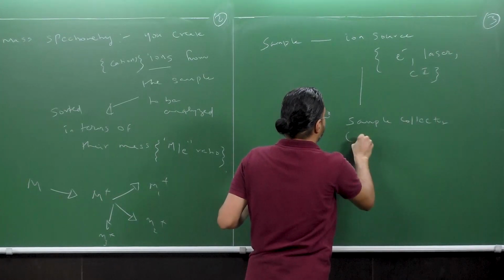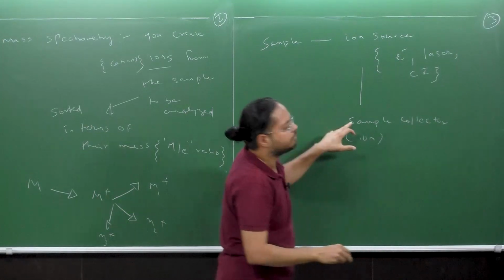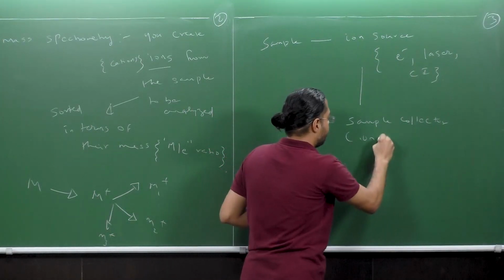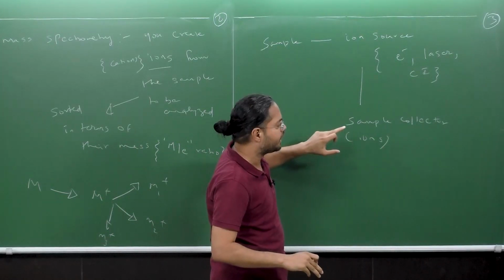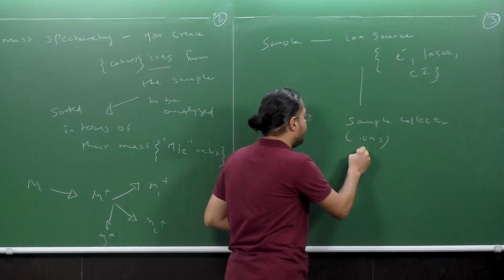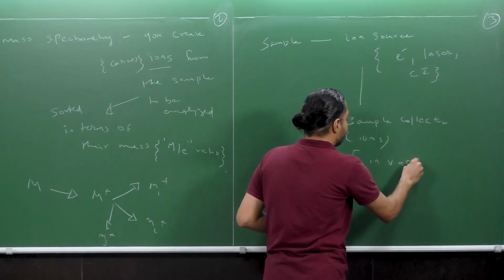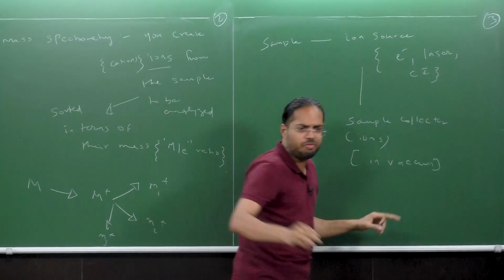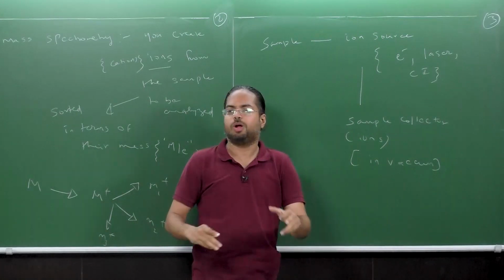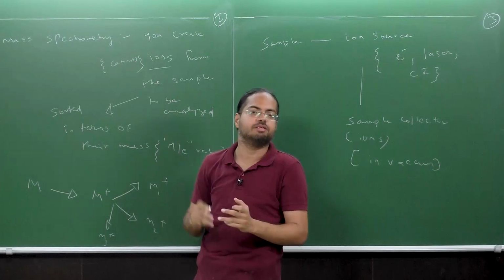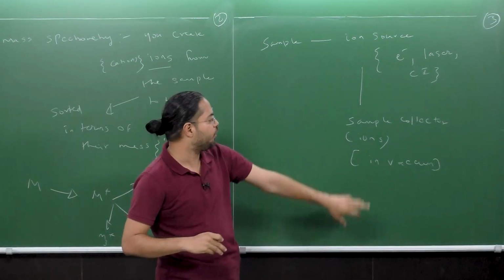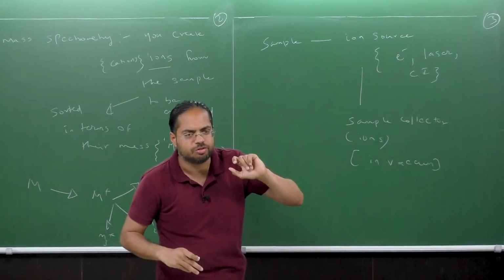or when I say sample, it's typically all the ions, right? Now notice that this particular sample collector or the ion collector needs to be in vacuum. Why should the vacuum be necessary here? Well, what is a vacuum? Recall from our discussion on the interstellar medium. Vacuum refers to a state of more or less no molecules.